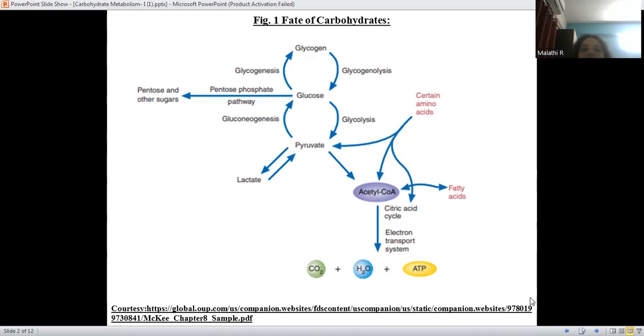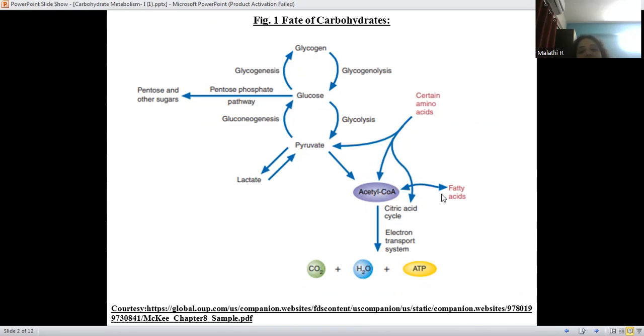So this will be the general fate of carbohydrate, in which the glucose, if it is in excess, will be converted to glycogen, and also the glucose can be converted to pyruvate by means of oxidation. In case of aerobic oxidation, we get pyruvate. In case of anaerobic oxidation, it leads to lactate. And pyruvate will be converted to acetyl-CoA. From acetyl-CoA, you have different ways in which it can be interconverted.